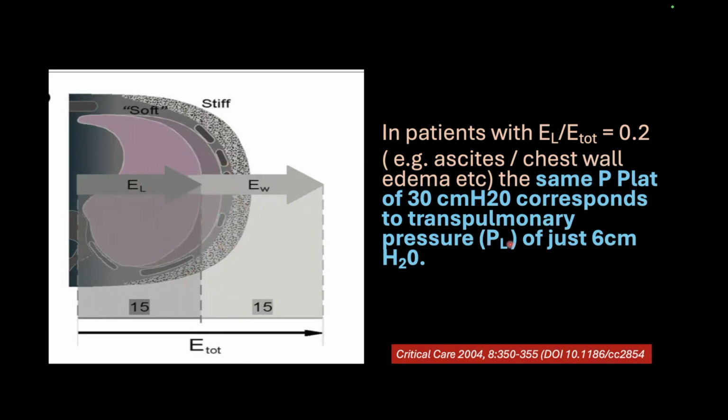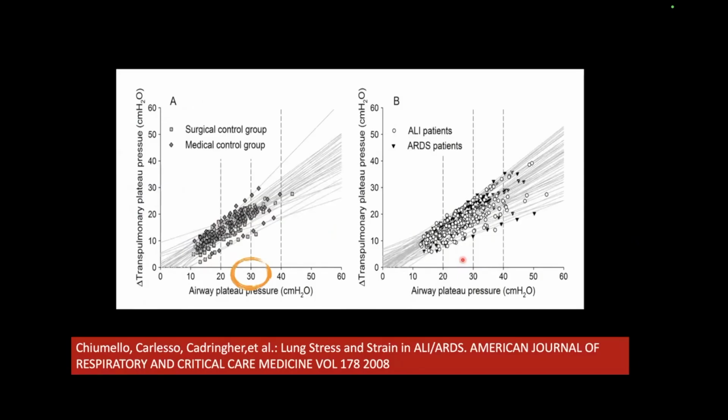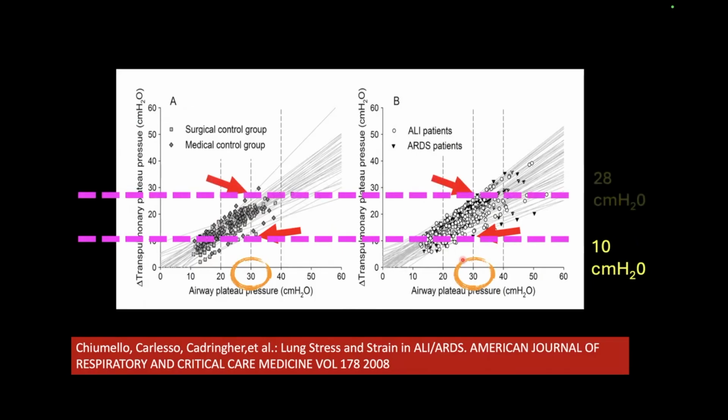That's why the transpulmonary pressure will be only around 6 centimeters of water, even though the plateau pressure displayed is 30 centimeters of water. This is what Talmor et al. also showed in their 2008 paper, where 30 centimeters of plateau pressure corresponded to transpulmonary pressure of as low as 10 and as high as 28 centimeters of water.